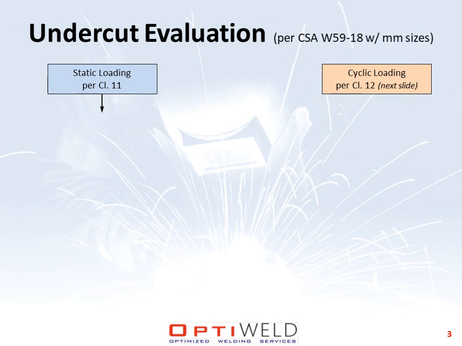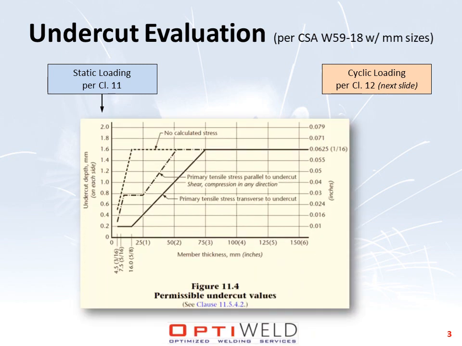Now let's take a closer look at the undercut evaluation, starting with Clause 11 for statically loaded fabrications. Thankfully, this hard-to-use figure is no longer specified in the 2018 version of W59, although it is still shown. While things are a little easier in not using Figure 11.4, I'm going to read you the less than explicit statement from the latest W59 on the undercut permitted.